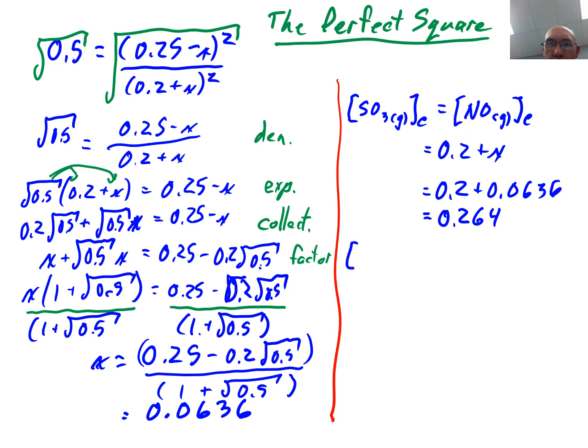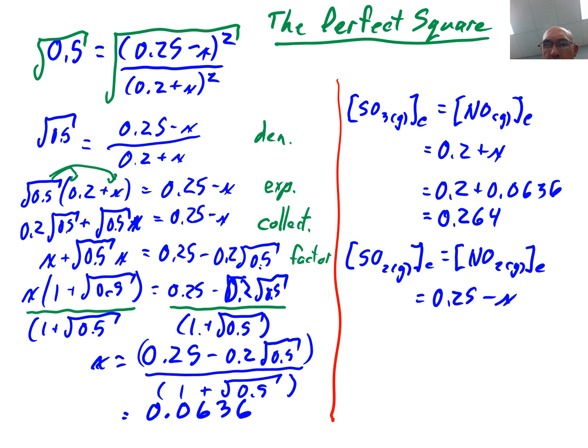As for the concentration of SO2 gas at equilibrium, that's the same as concentration of the NO2 gas at equilibrium. Its expression was 0.25 minus x, which is 0.25 minus 0.0636, which will give us, to the correct number of significant figures, 0.186 mole per liter.